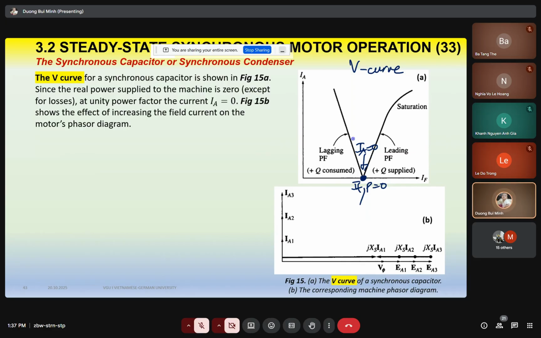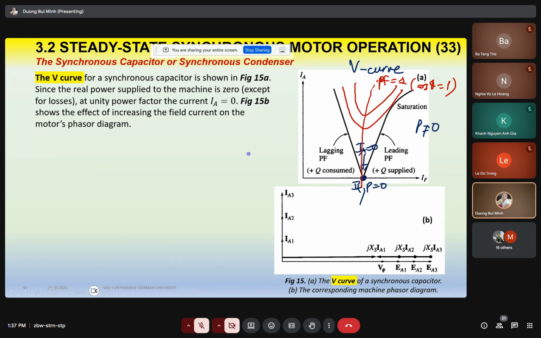So if we have P different from 0, we get another curve, maybe like this. And this one is PF is 1. That means power factor is 1.